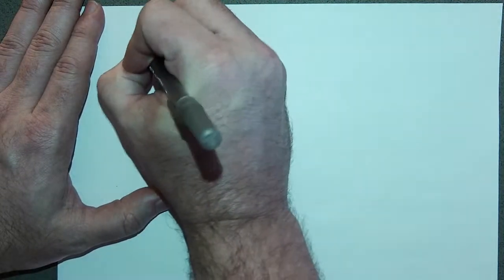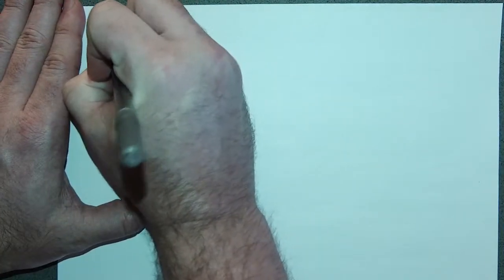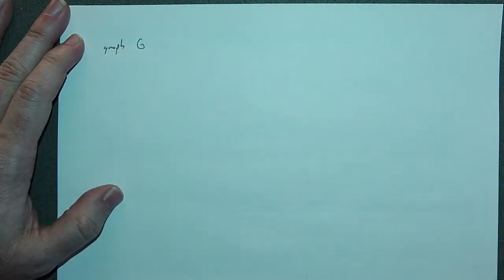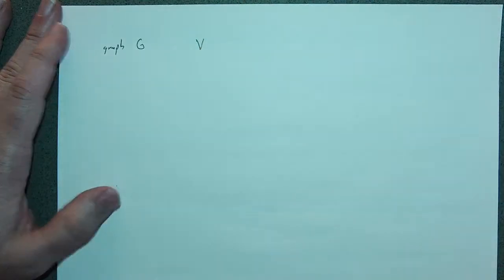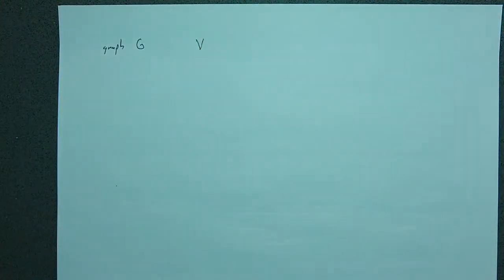So let's say I have a graph G. If there's no possibility for confusion, if we're not referring to some other graph, we just have a single graph in front of us, we might talk about the vertex set as simply V, as I wrote before in the definition of a graph.